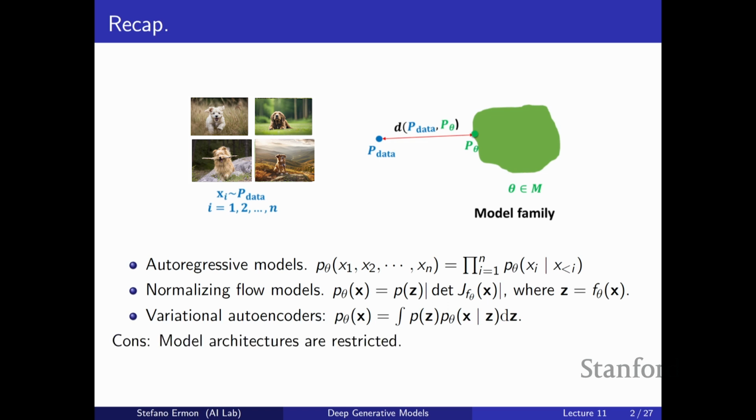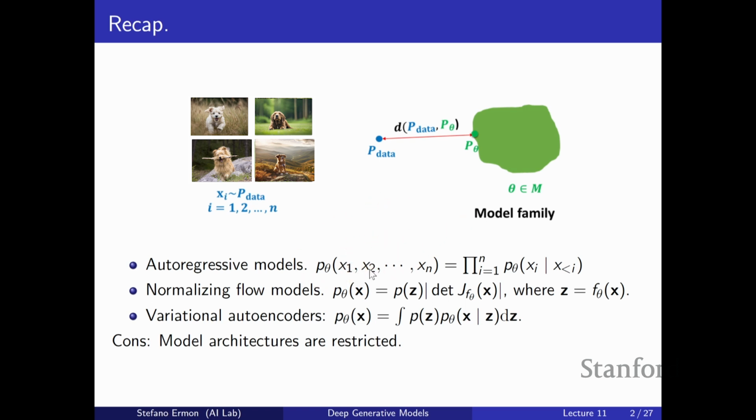And as we know, maximum likelihood training is very good. It's a very principled way of training models, but you always have some kind of restrictions in terms of how you define this set of probability distributions. You cannot pick an arbitrary neural network that will take as input the data point and map it to a scalar.